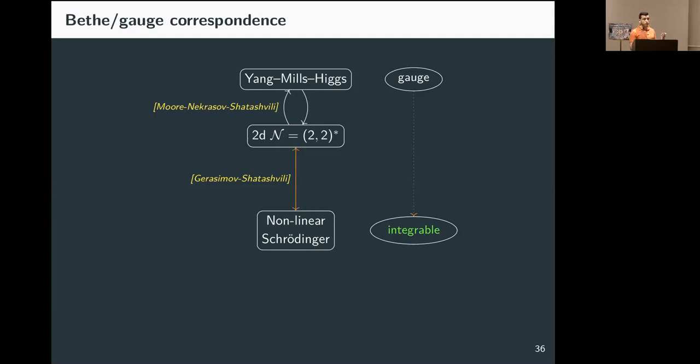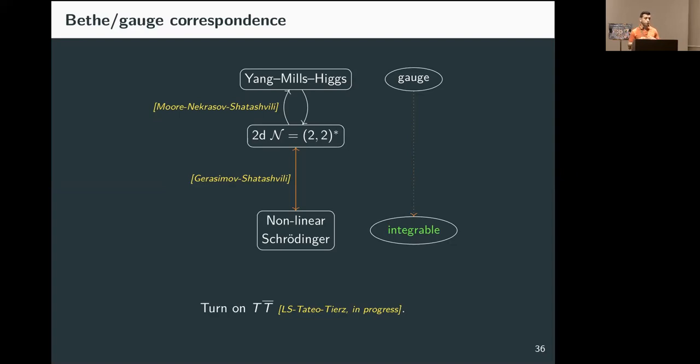But remember that our main motivation behind the introduction of TT-bar was that it preserves integrability. So we may ask what happens if we turn on TT-bar on both sides of the correspondence. And this is a work in progress with Roberto and Miguel. So we have worked out the two sides separately, and we have found that the correspondence survives in this TT-bar-deformed setting.